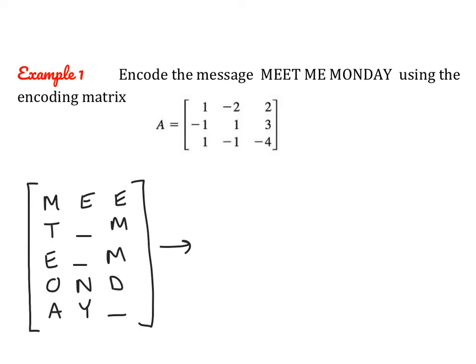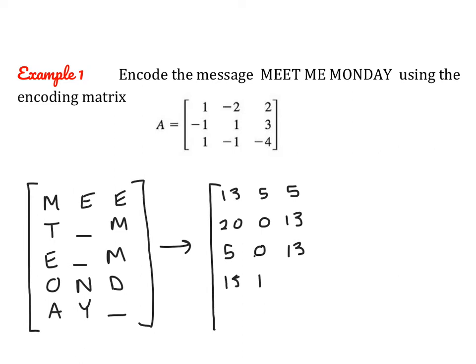So we're going to replace each letter with its corresponding number of the alphabet. So it'll be 13, 5, 5, 20, and then our blank is 0. Then 13, 5, that's me, and then 0 for the blank, and then 13, 15, 14, 4, 1, 25, and then we end with our blank.